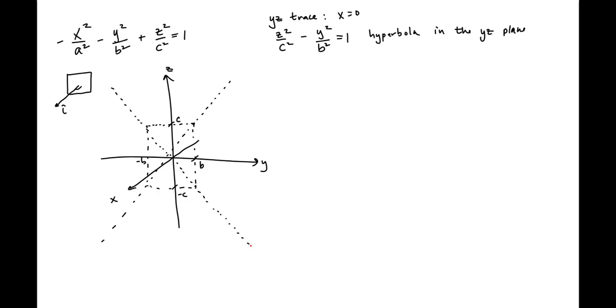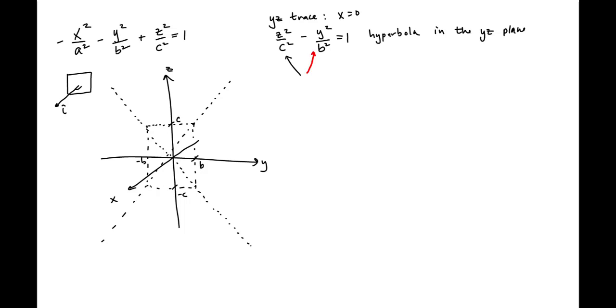Now that we have this, notice because z appears first, the transverse axis will be along the z-axis, or at least, I might have called that wrong. I'm not sure if it's called the transverse axis, but I know the axis along which our hyperbola is going to be centered about is the z-axis because z appears before y and there's a minus sign in there.